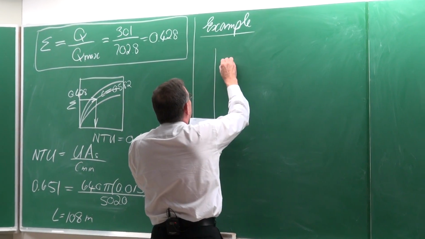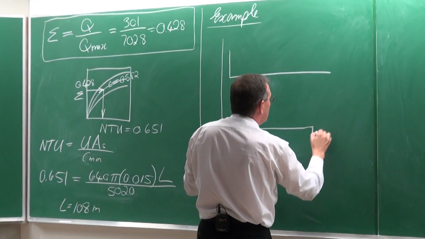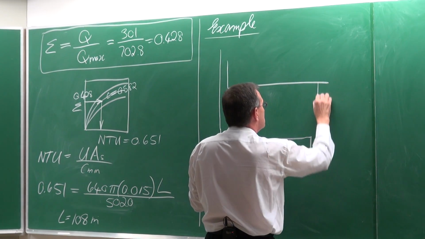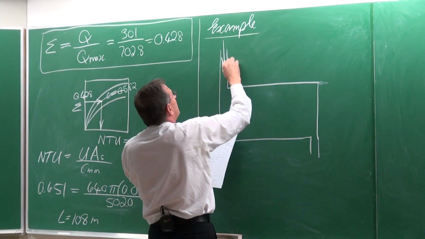In this example, we've actually got a shell and tube heat exchanger, and I'm just going to draw it schematically.